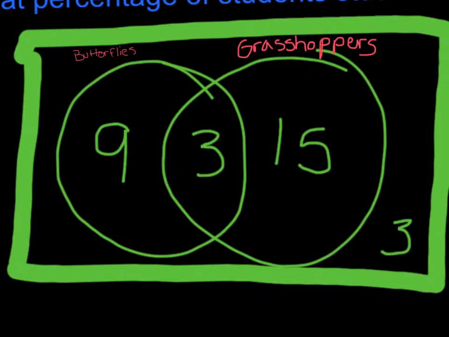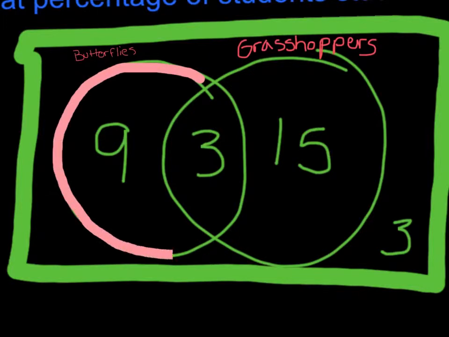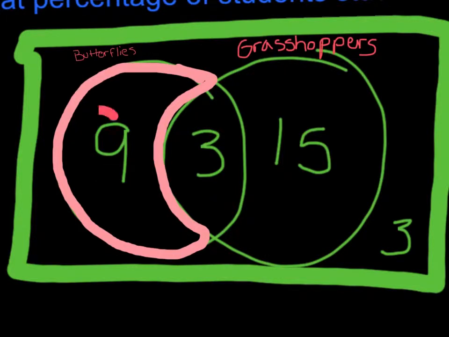So that means we want a certain part of the Venn diagram. We want this piece right here. This piece is represented by the 9. So that means 9 out of the 30 students studied only butterflies.